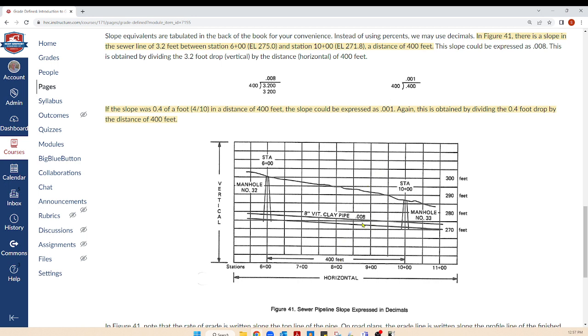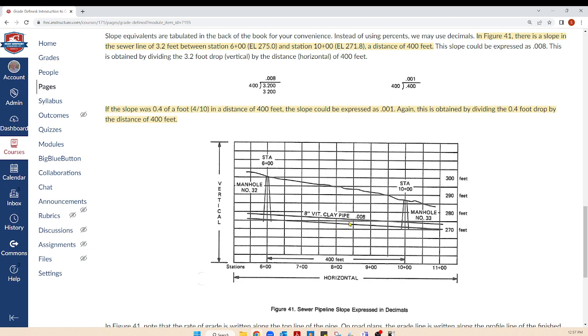It's a little bit algebraic, but I'm going to get to a point here where I can show you how to get around that, because remember, the formula is percent grade equals the vertical distance divided by the horizontal distance, right?